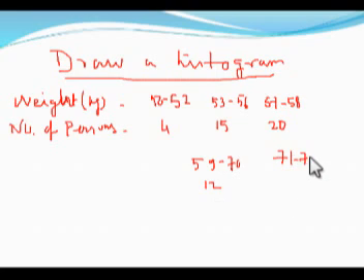The frequency is given 3. Now we have to find a histogram for this problem. So we will just remember this question. I am going to draw the histogram. We take the histogram in this way. We need two axes.